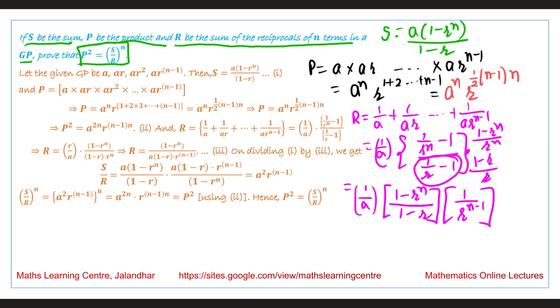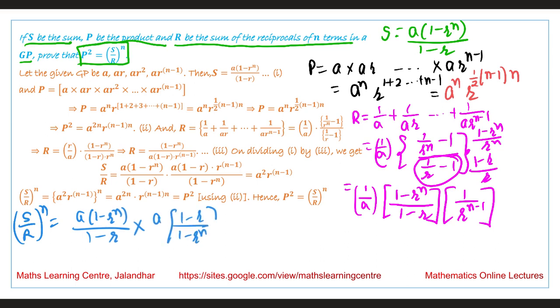Now we calculate the value of S by R raised to the power n. The value of S is a into 1 minus r raised to the power n over 1 minus r, and the value of R is a into 1 minus r over 1 minus r raised to the power n into r raised to the power n minus 1, and whole raised to the power n.